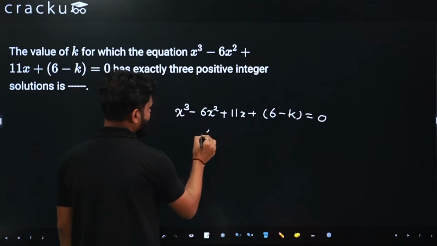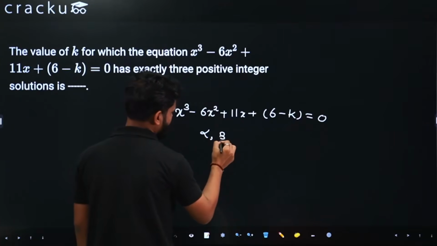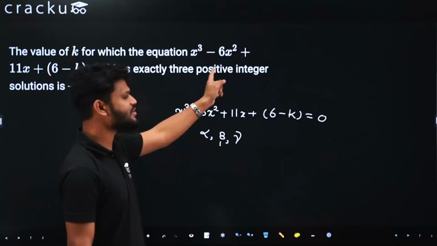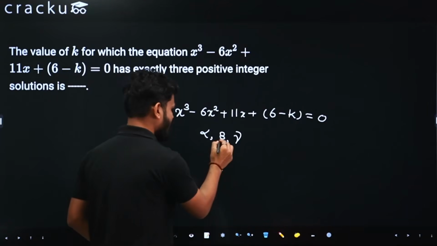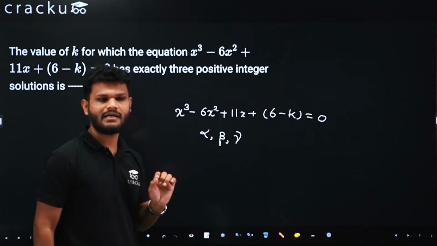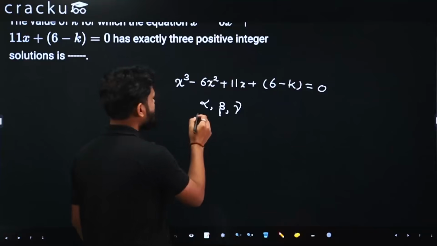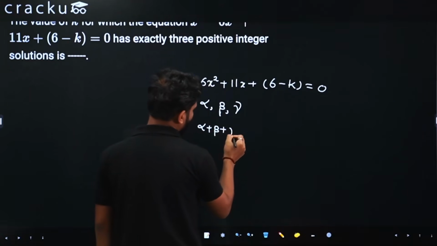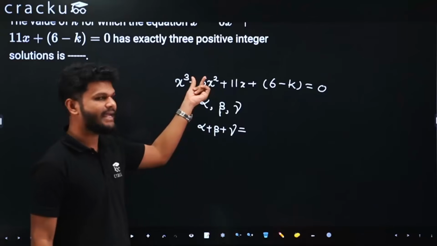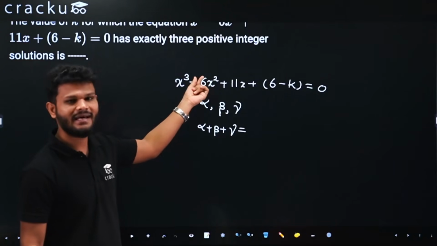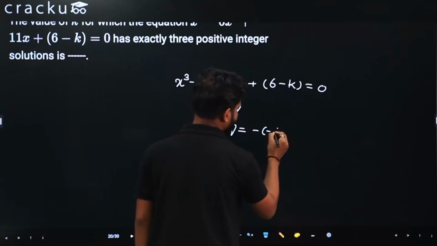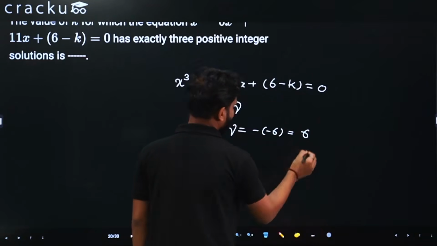Now let us say alpha, beta and gamma are the three positive integer solutions. Okay, they are positive and they are also integers. Now alpha plus beta plus gamma, in the cubic equation, is minus of coefficient of x square divided by coefficient of x cube, which is minus of minus 6. It is 6.